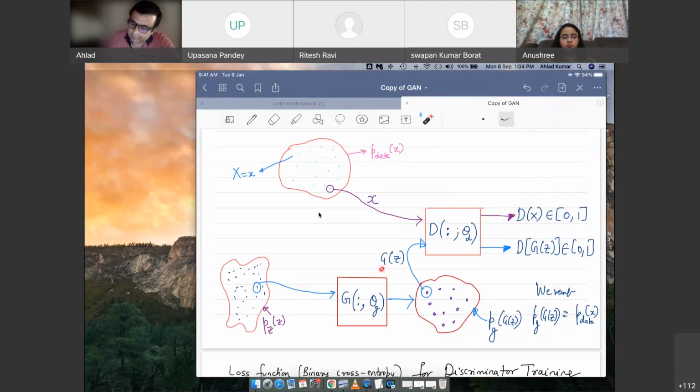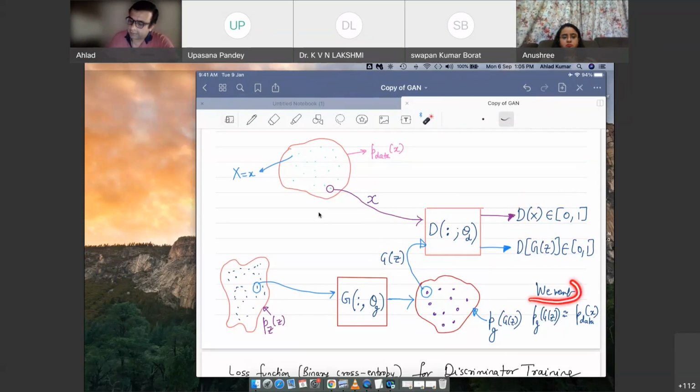In the second case, the artificial data which is generated will be written as D of G of Z, which means the discriminator is operating on the generated sample G of Z, and again it's a probability, so its value will come out between 0 and 1.